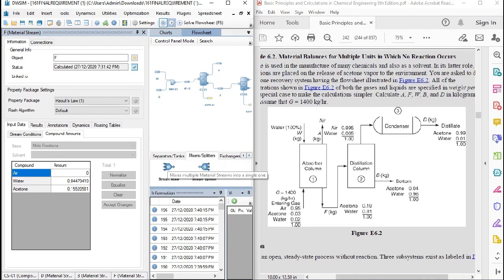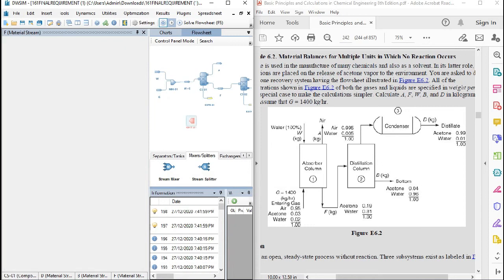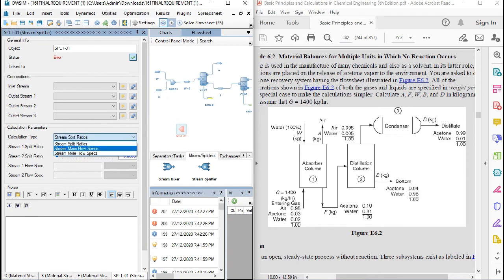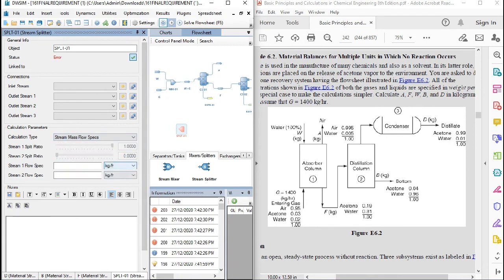Now, a lot of you might be asking, if we are using our stream mixer, why not use a stream splitter? If we were going to use a stream splitter, the first problem is we cannot decide the amount of the compound on each stream. And lastly, there is the split ratio aspect. If we were to use stream mass flow specs, it's in kilograms per hour, it's not in weight percent.